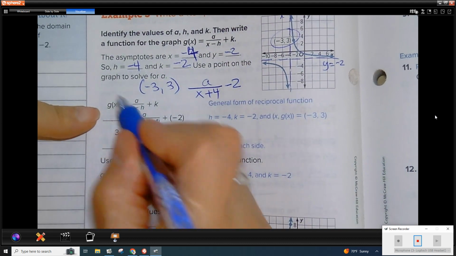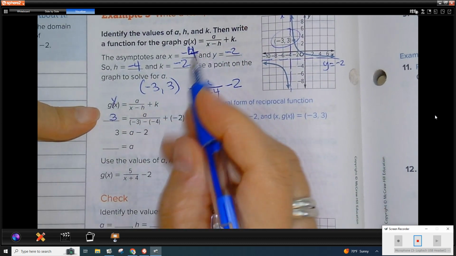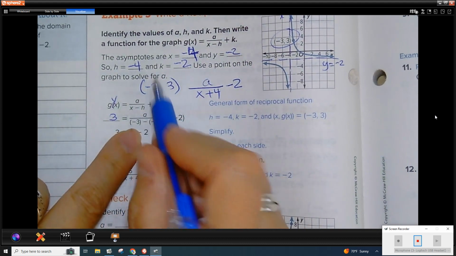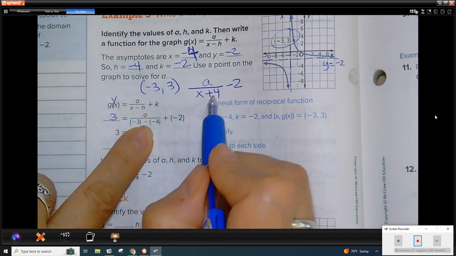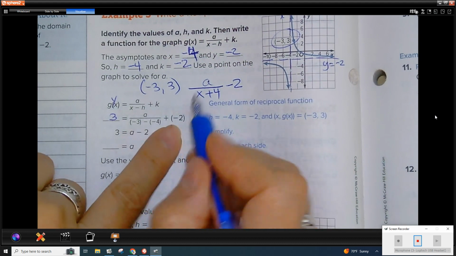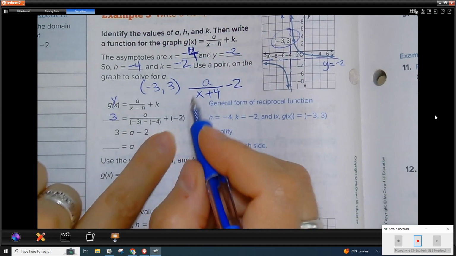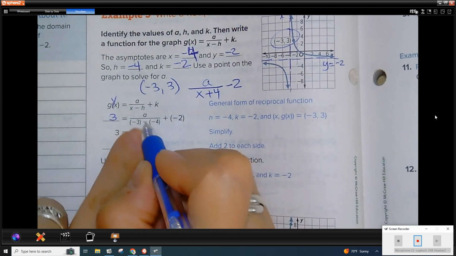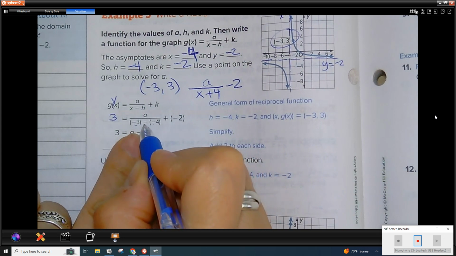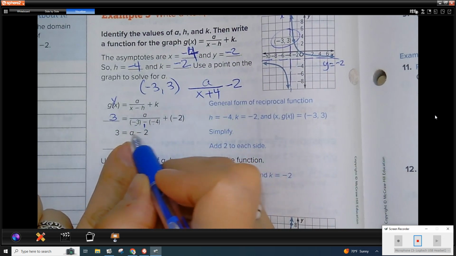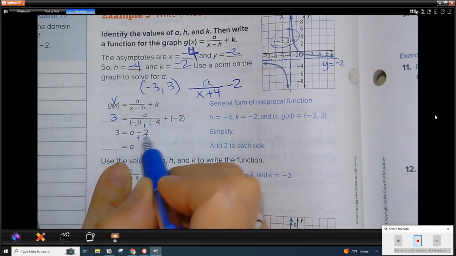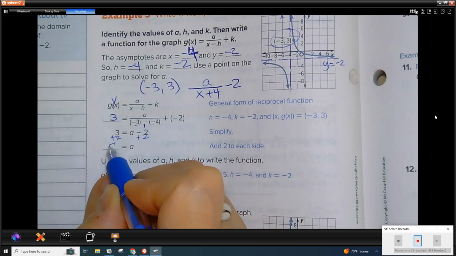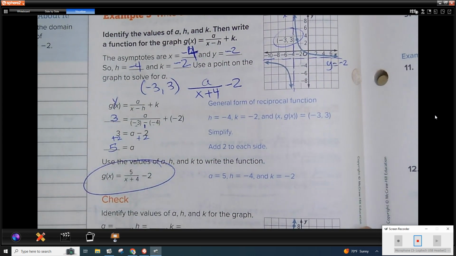This is our y, so we say 3. When our x is negative 3, our h is negative 4, or you could say x plus 4, and negative 2 is our k. The denominator is negative 3 plus 4, which is just a 1, so that kind of goes away. A divided by 1, minus 2, so I'm going to add 2. A equals 5. So our final function is that.